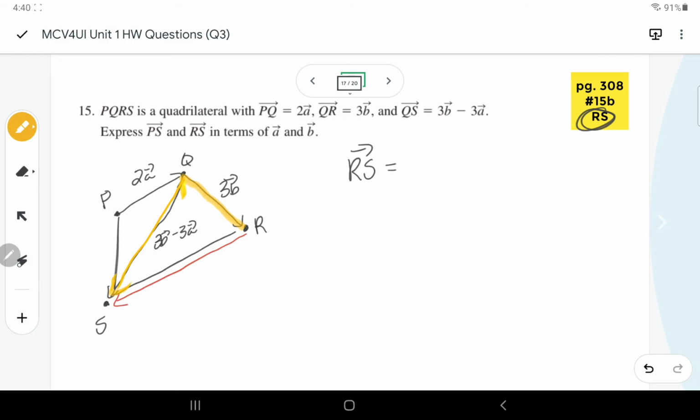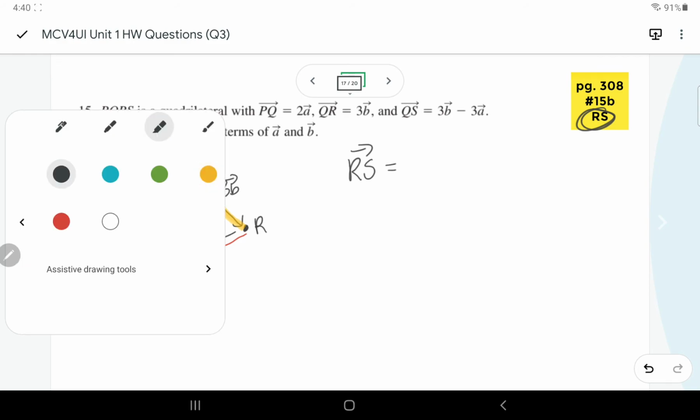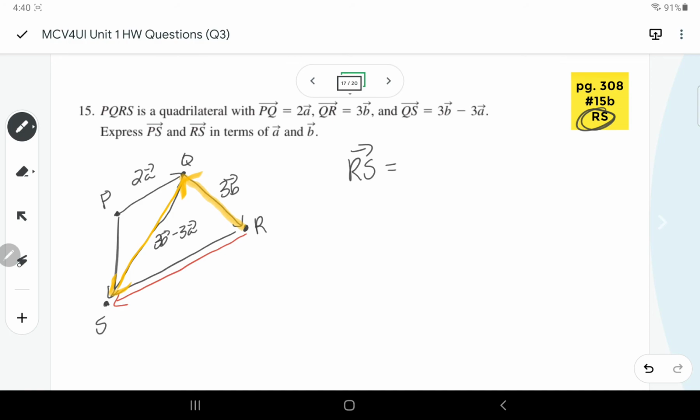So I'm going to choose that path. So I'm going to say that RS equals RQ plus QS. And I don't actually know RQ, but I do know QR. So RQ is the negative of QR. And I'm going to leave the QS as it is.